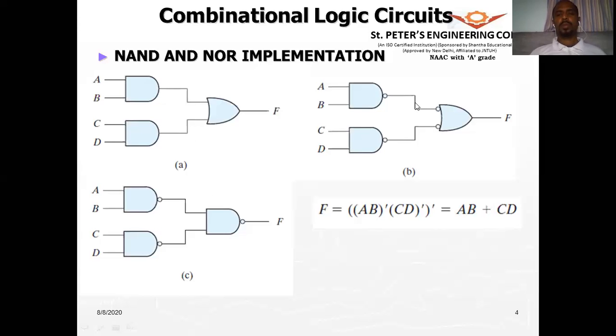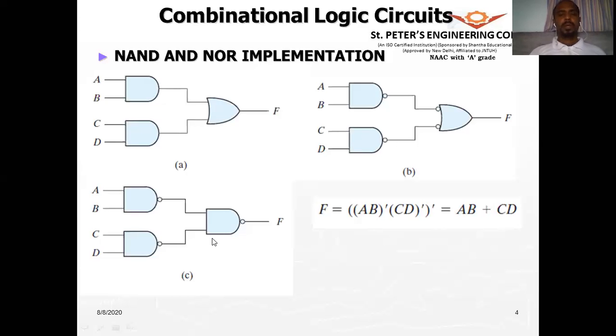So what goes as input to this OR gate is A and B, which is the same as this, and C and D. So though the circuits look different, functionality wise this output F and this output F are both the same.